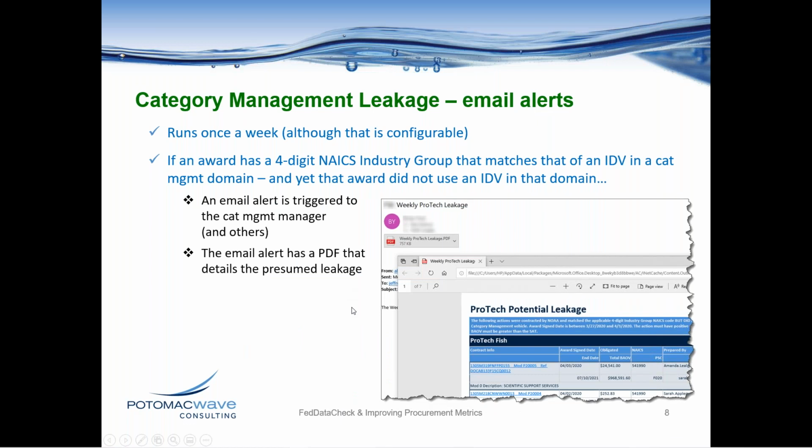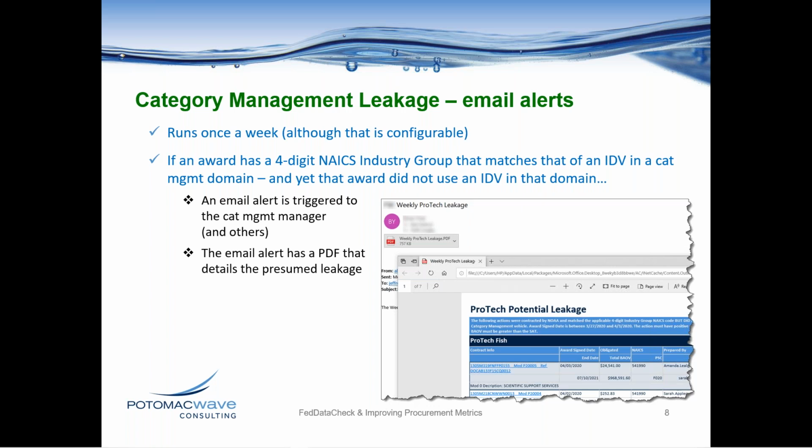So the idea there is that you could go into FPDS-NG, GSA Acquisition Gateway, and others, and manually run reports for all of the NAICS codes. I don't think you'd be able to get industry groups; I don't think FPDS-NG gives you that option.